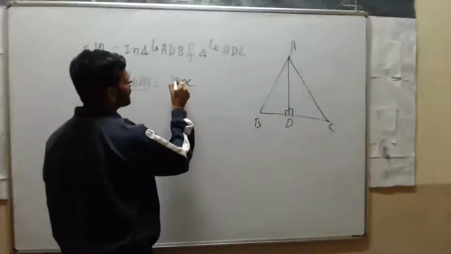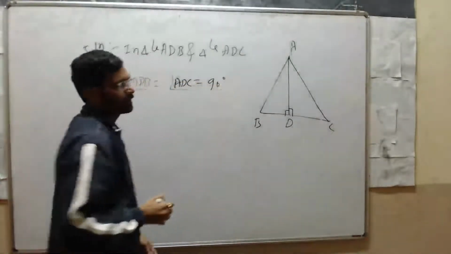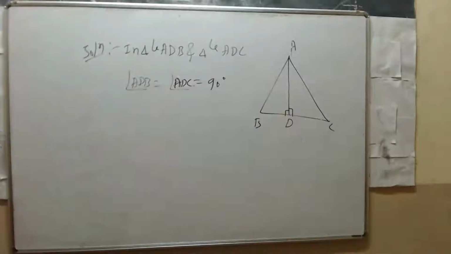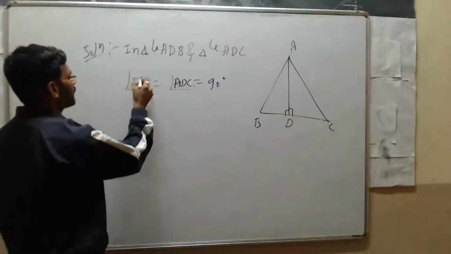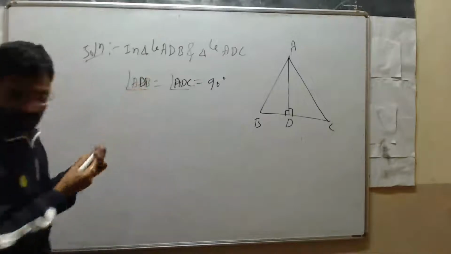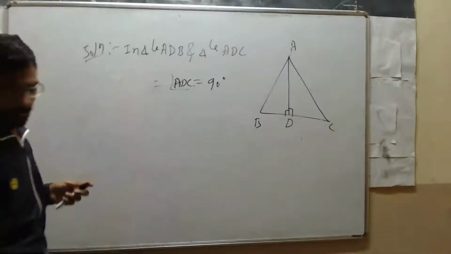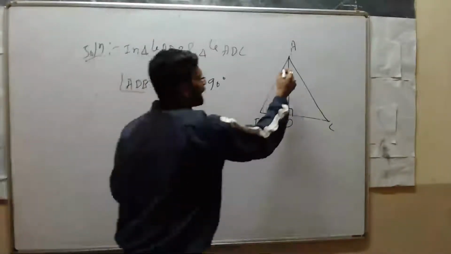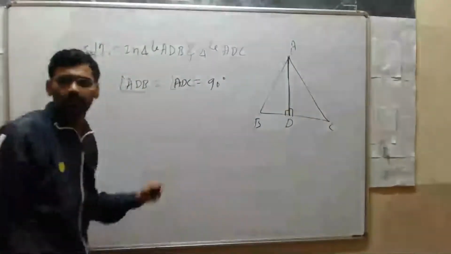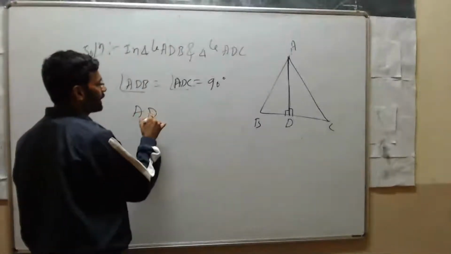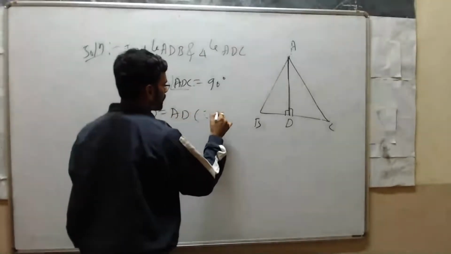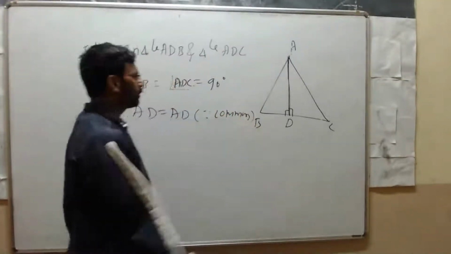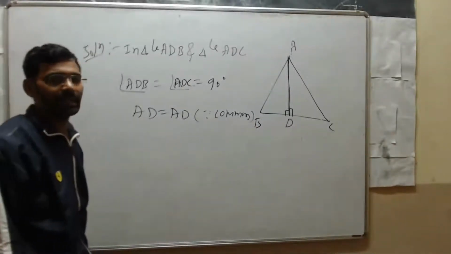ADB equal to ADC, both are 90 degrees. Next, AD equal to AD, which is a common side for both the triangles.